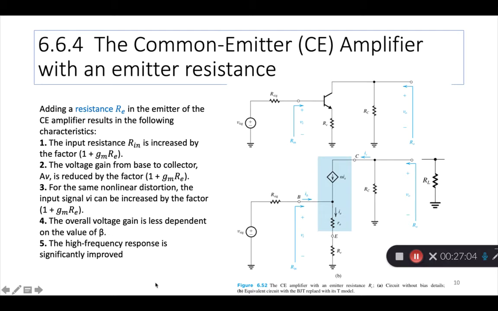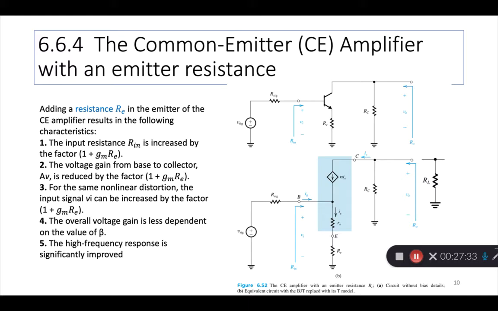Now you know that if you buy a certain type of transistor, the beta values that are given to us are never just one value, right? They won't say 50 or 100. They'll say the beta values of this family of transistors goes from 50 to 200 or something like that. So you have to design a circuit even though one of the most important factors is so widely varying.